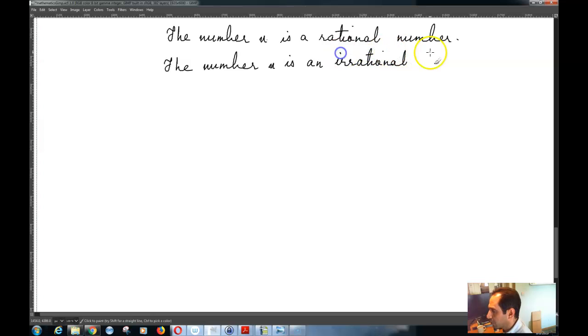So the negation of this would be, you could say, it is not the case that the number x is a rational number, so it has to be an irrational number. So the number x is an irrational number is the negation of that.